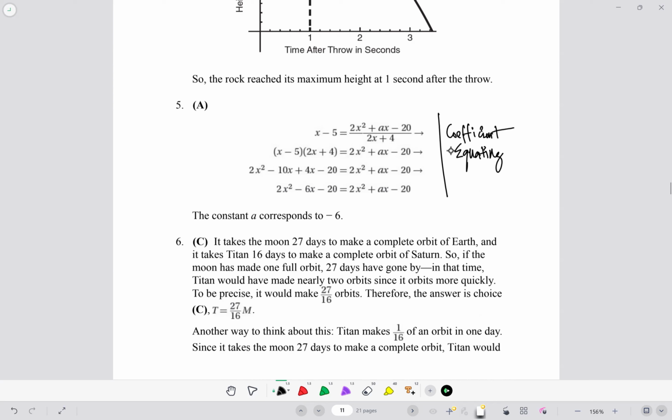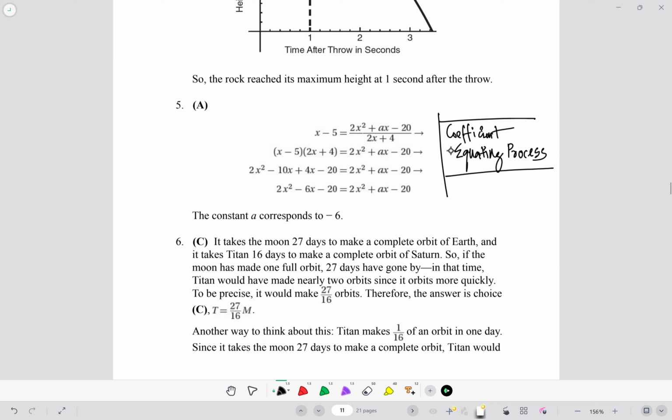Do you remember this process? Hello. Do you know this process? I told you. Kind of. Coefficient equating process. What's this last class? Yeah, yes, the last class.